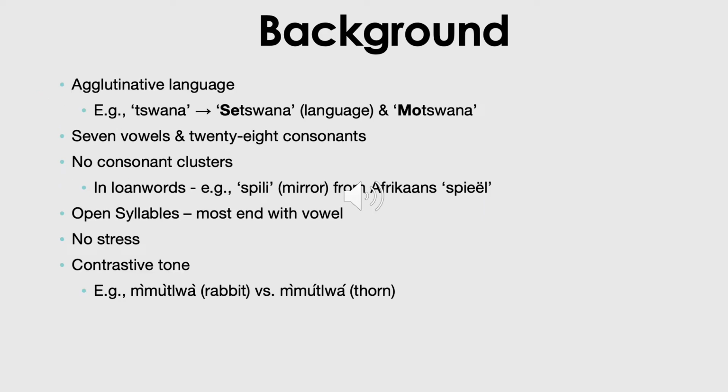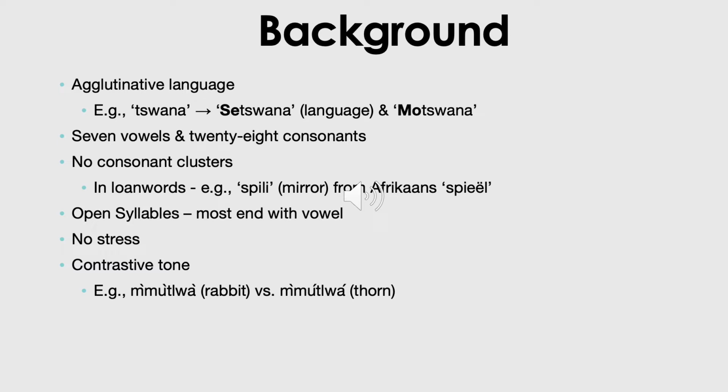Now, looking at the phonology of Setswana, like many Bantu languages, Setswana is an agglutinative language. This means that words can be formed by joining several morphemes. This also means that the meaning of root words can be changed using various noun class prefixes and suffixes.